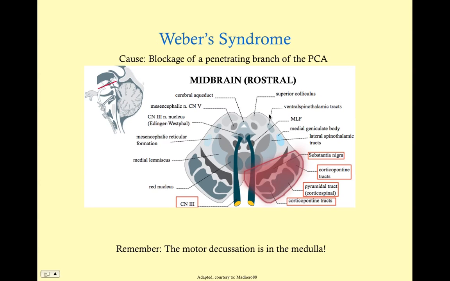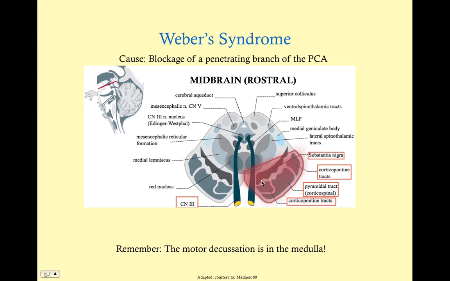All right. So the first disease to talk about, the first midbrain stroke, is Weber syndrome. And Weber syndrome is a blockage of a penetrating branch of the PCA that feeds the midbrain, and it goes up to the red nucleus. So we don't have any red nucleus involvement.